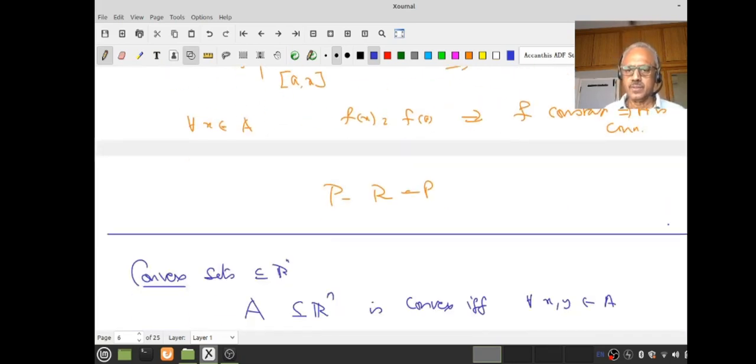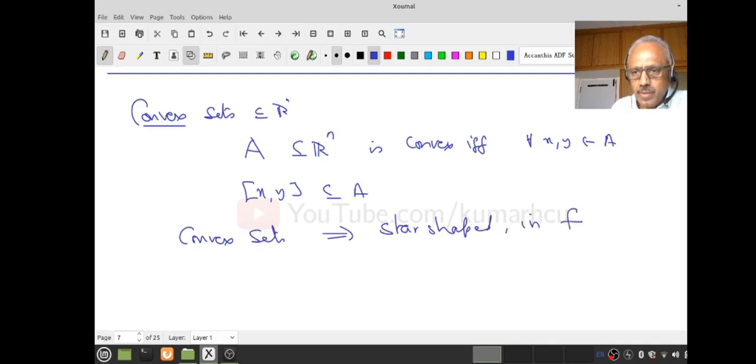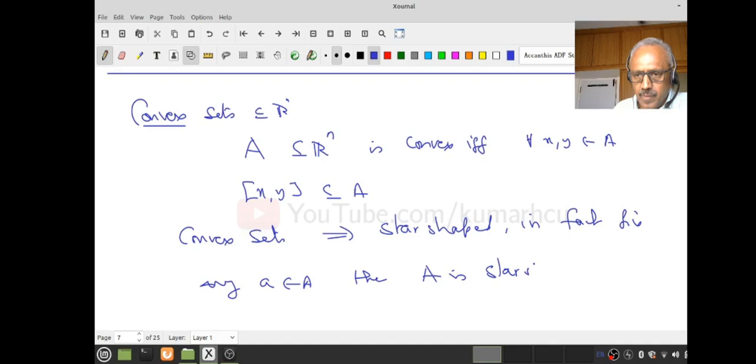So what is the relation between convex sets and star shaped sets? A very interesting thing is that any convex set is star shaped. In fact, fix any a in A, then A is star shaped with respect to the point a, with a as a star.